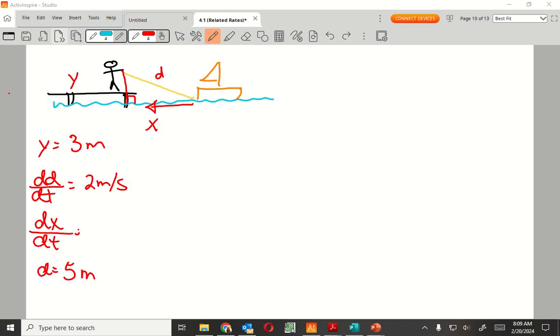Okay, there we go. So we are dealing with a right triangle, and this is kind of why I wanted to identify the different things. So it is going to be the Pythagorean theorem here.